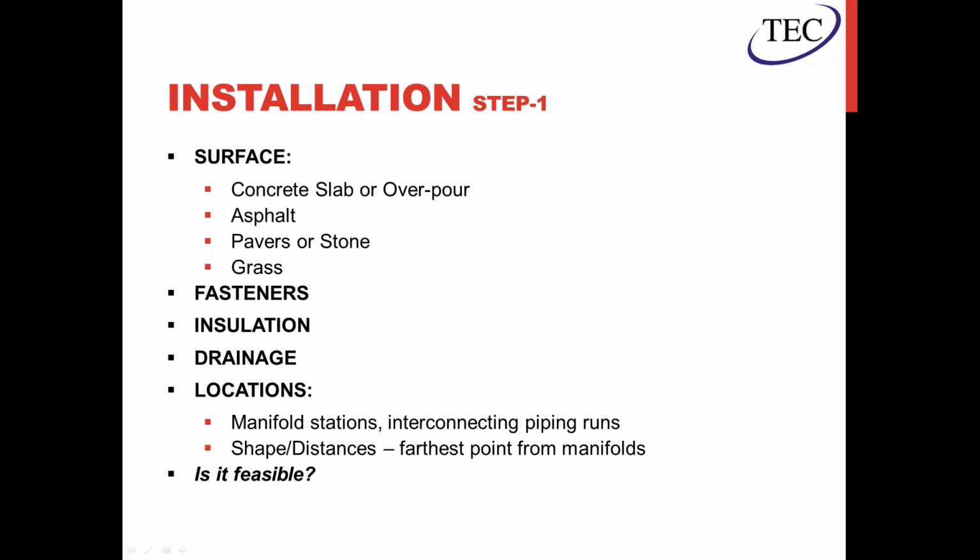I have one question here about the depth of the tube underneath the various surfaces. In general, when you're using a concrete slab, the manufacturer will say that you need at least 2 inches over the top of the tube in a structural slab. If it's a topping slab, I believe it's a little less than that.